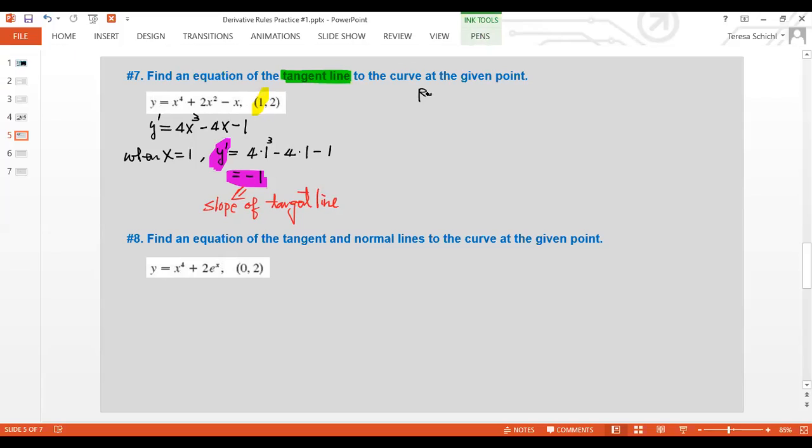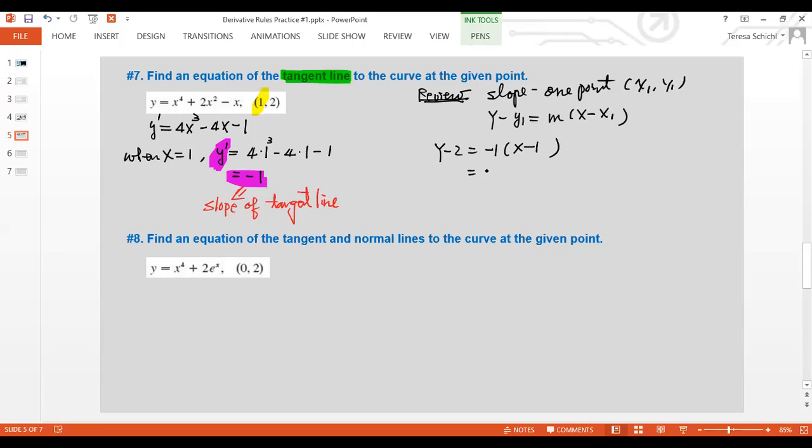So let's take a look. Do you guys remember in algebra, what is the slope and 1 point form to get a line? If you have 1 point x1, y1, we say it is y minus y1 equals m times x minus x1, right? So now in here I can say y minus 2, and the slope here is negative 1, so negative 1 times x minus 1, right?